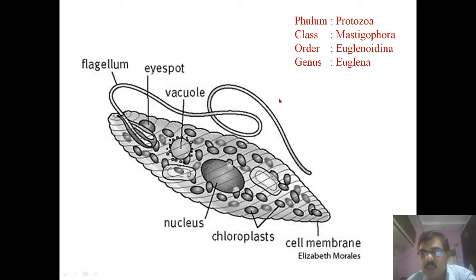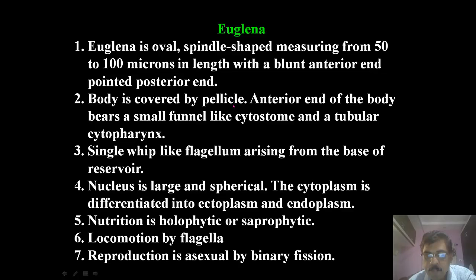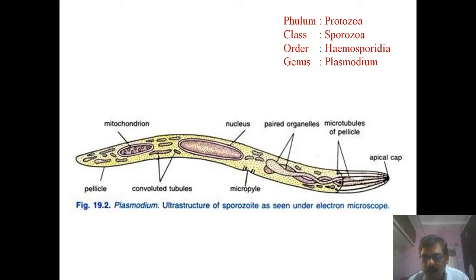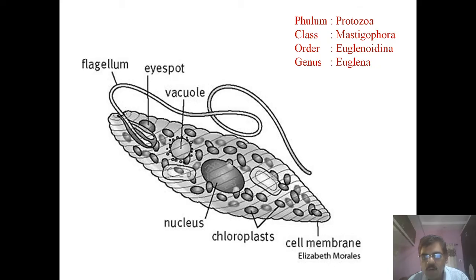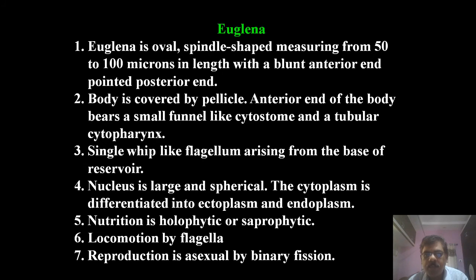Even though this is included under Animalia, it has the chloroplast, and as it has the chloroplast, it has the ability to photosynthesize its own food material, and therefore the feeding mechanism is holophytic. Phyta means plant. Holophytic, that is plant like.